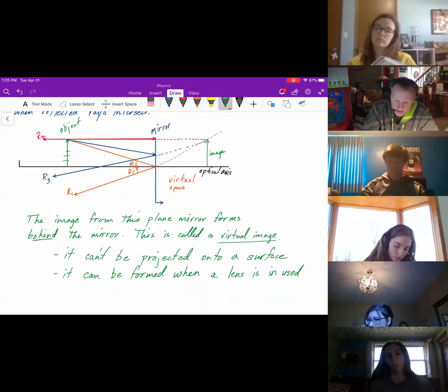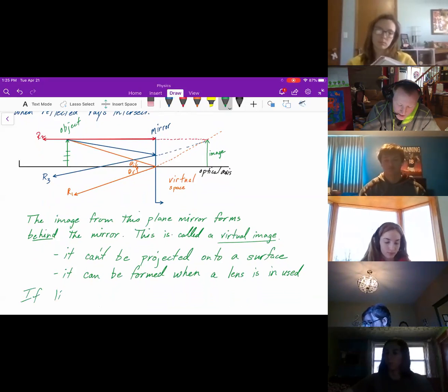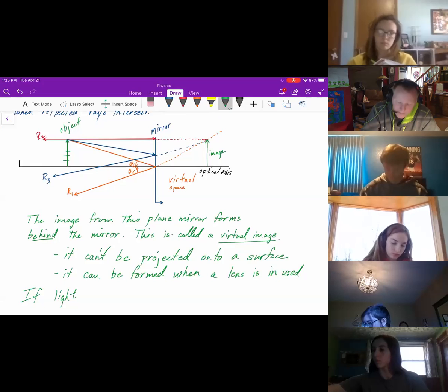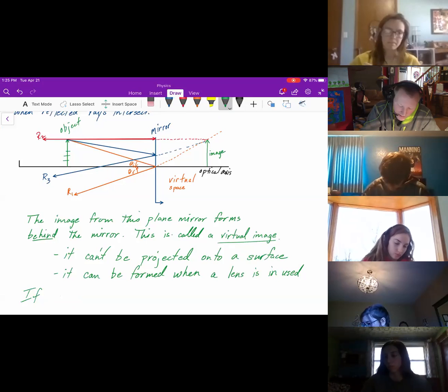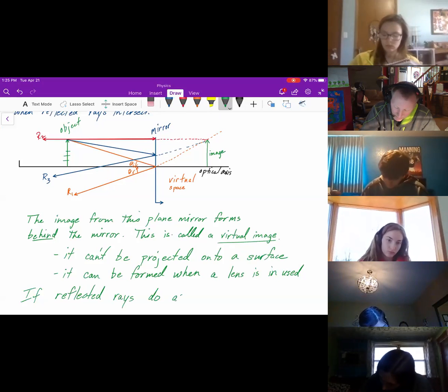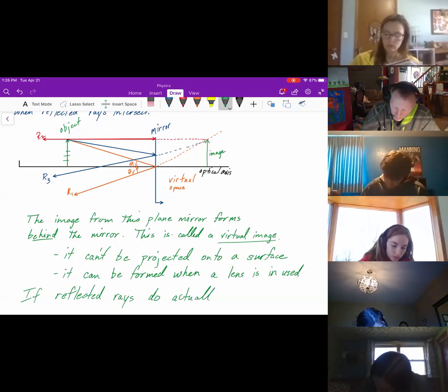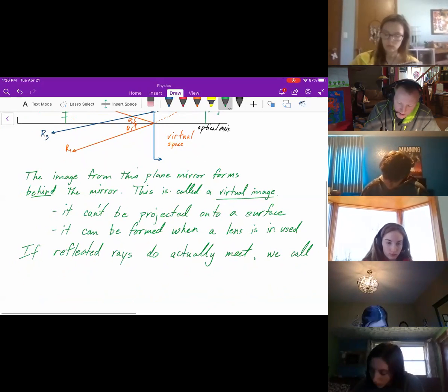If reflected light rays do actually meet, we call it a real image.